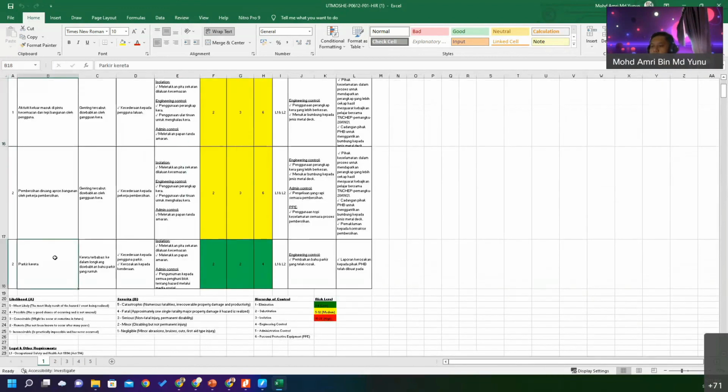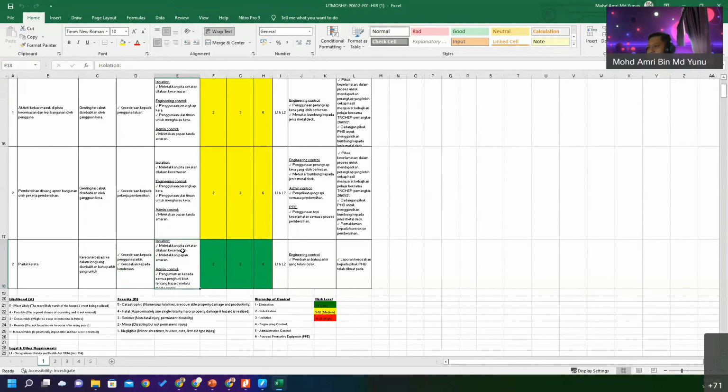Like for example, here the parking area. The car has hit the curb, and then the hazard is injury to the parking user and damage to the car. Remember that a hazard is a source or act or situation that has the potential for harm in terms of human injury, ill health, and damage to our properties and also our environment.